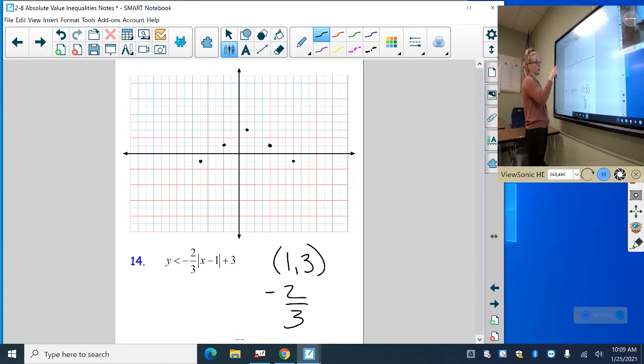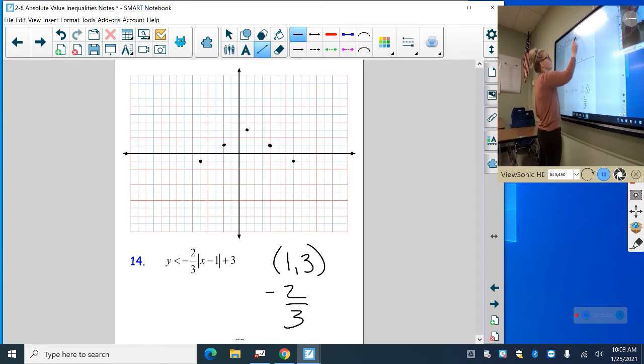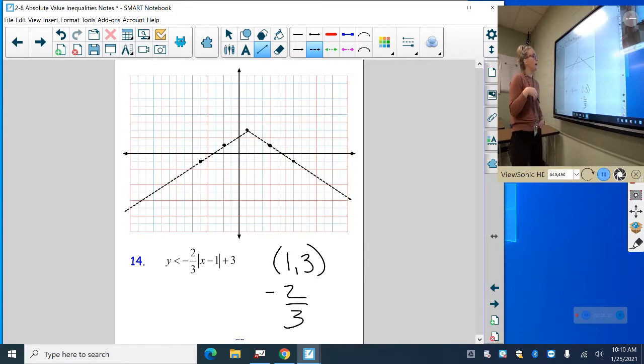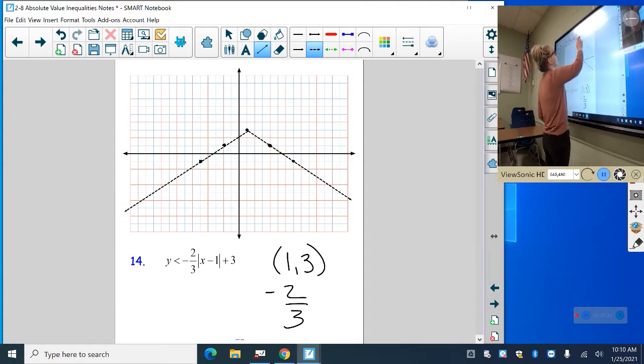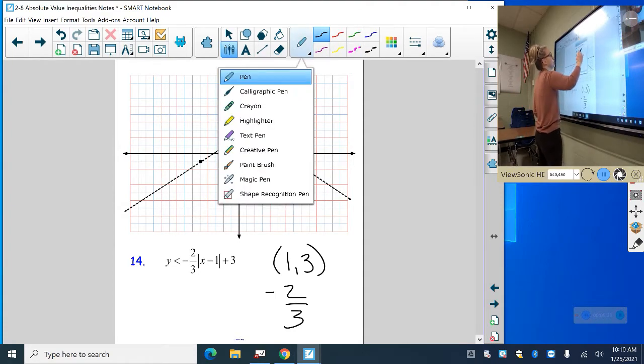Dotted line, so on Math Excel I would pick the dotted line tool. Make sure you, however you can, make a dotted line here and here. That's a little bit off, but we'll go ahead with it. And then we're going to shade less than. So that's below the dotted line. So when I go to shade, I'm going to choose less than.